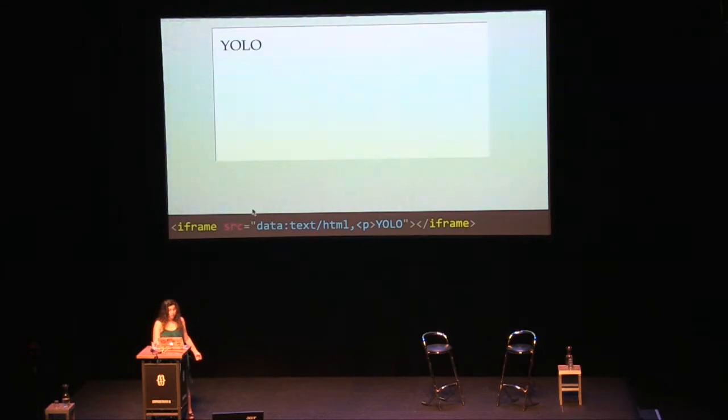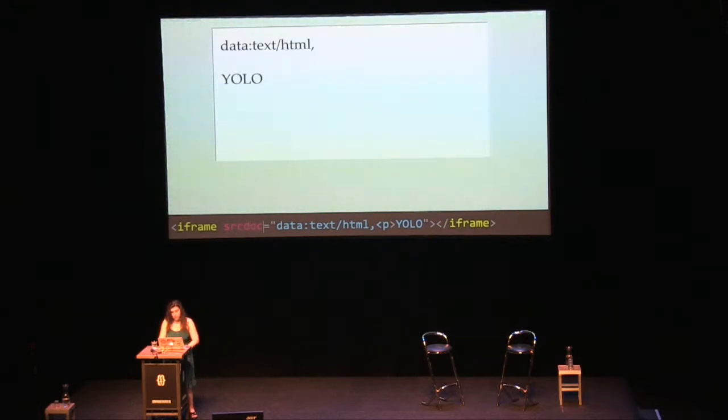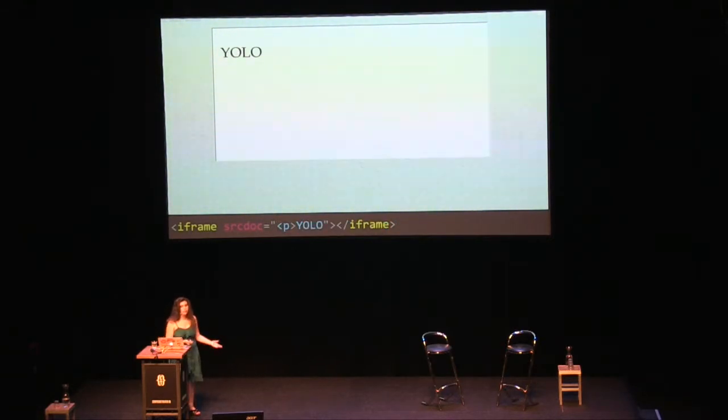As you might remember from the previous talk, we also got a srcdoc attribute in HTML5 to make this easier. So if I change this to srcdoc, suddenly my entire data URI becomes content. I can remove this. Technically, I need to include a body element. I don't have to include a doctype or a title, but I do have to include a body.